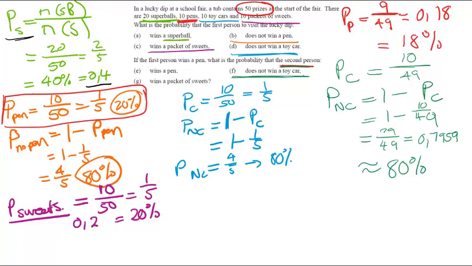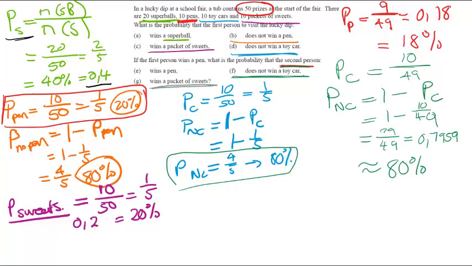So approximately 80% chance of you not getting a car, which is the same as this one. Can you see that? So the probability of not getting a car dropped by such a small decimal that when it rounds off, it is the same number.